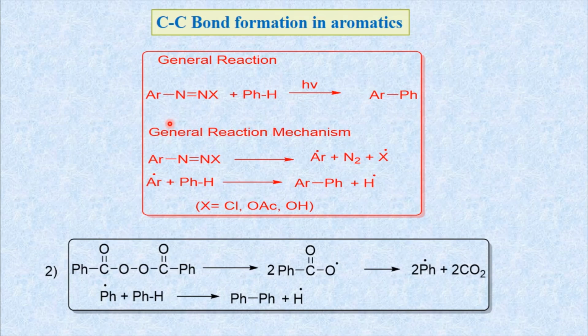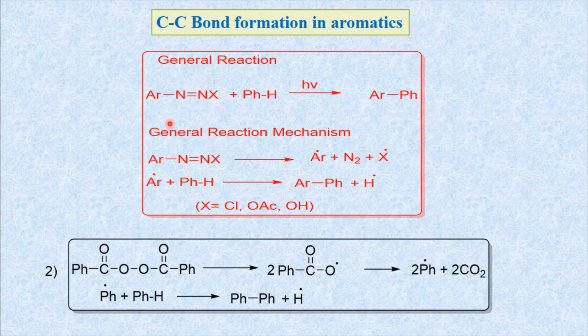Carbon-carbon bond formation in aromatic, and it is also called the SRN-Ar reaction. So Hay is the name of the scientist. In 1934, he reported that the thermal decomposition of diazonium salt in aromatic solvent results in the annihilation of aromatic ring.